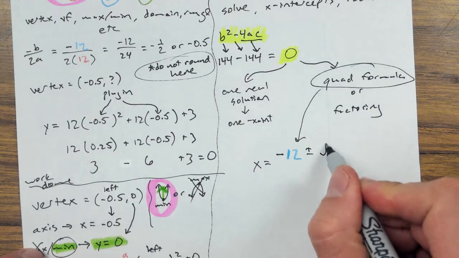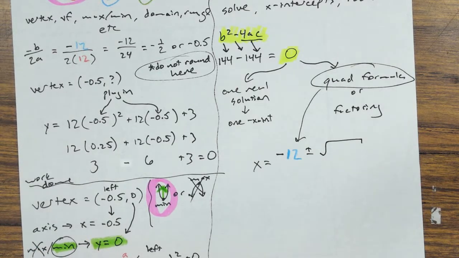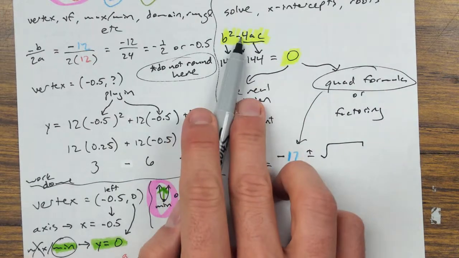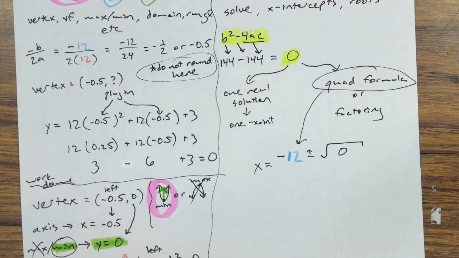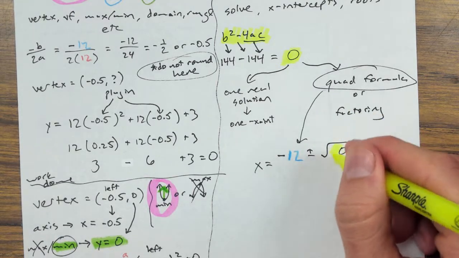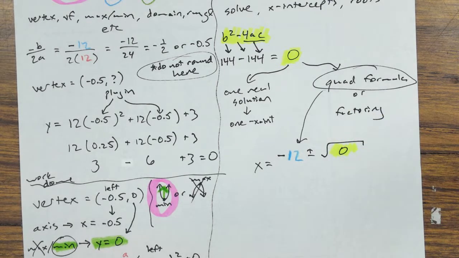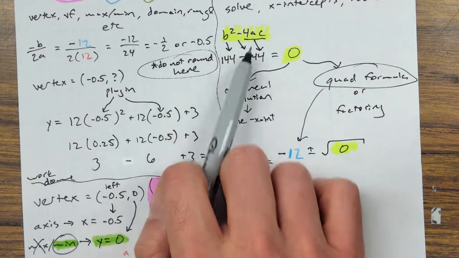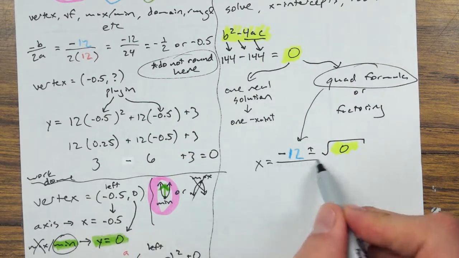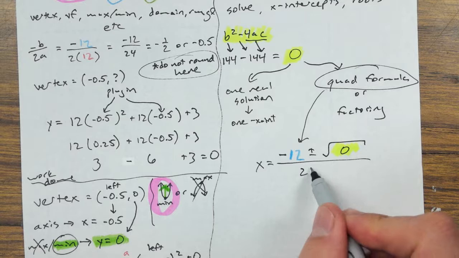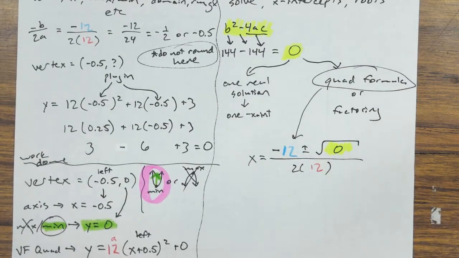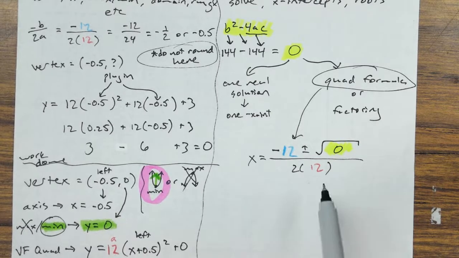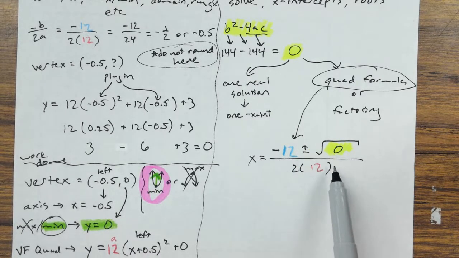Plus or minus the square root b squared minus 4ac, but b squared minus 4ac gave us the number 0. So b squared minus 4ac doesn't have to be written. We don't have to calculate it because we already did. All over 2 times a, and earlier we said a was 12. So the quadratic formula sounds ugly, but it's really just this.